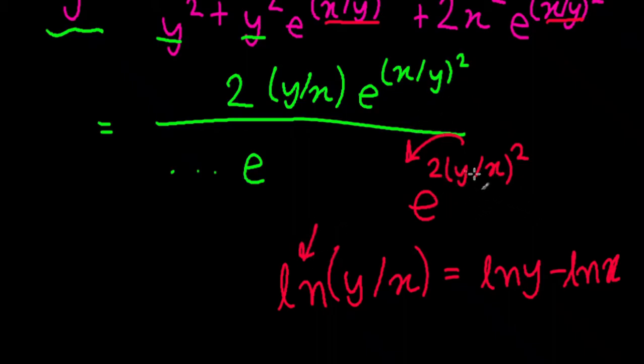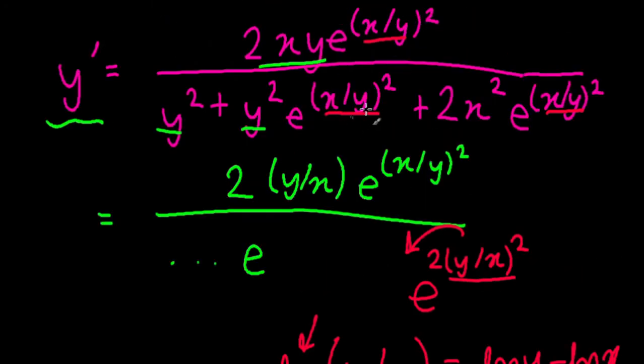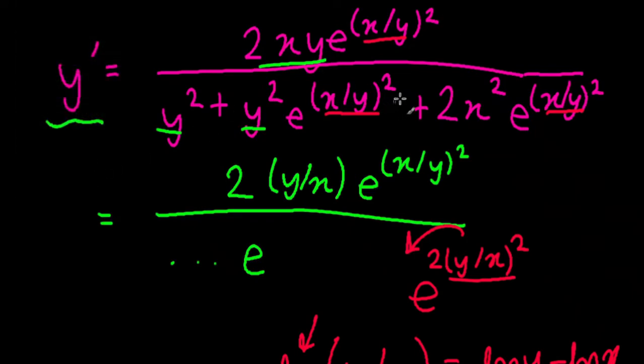But for functions like the exponential one, or the trig functions, sine, cosine, tangent, and all of that, it's not going to be easy to manipulate this and break it up, or to bring this out. It's a very dead giveaway that we are dealing with a first order homogeneous differential equation.